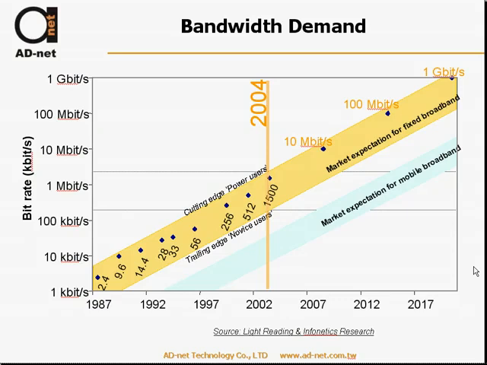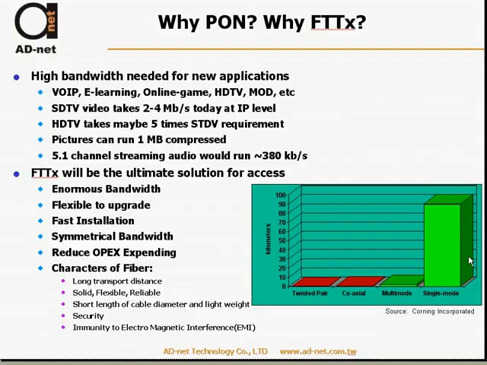If it's just DSL, or if it's fiber to the building, like most operators are doing now, they are not prepared for the bandwidth demand growth. High bandwidth is needed for new applications like VoIP, e-learning, online gaming, HDTV, MIOD.